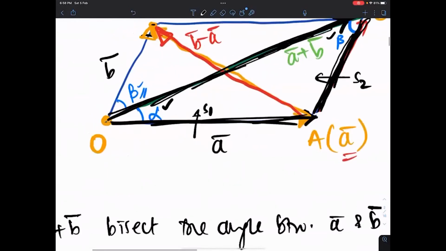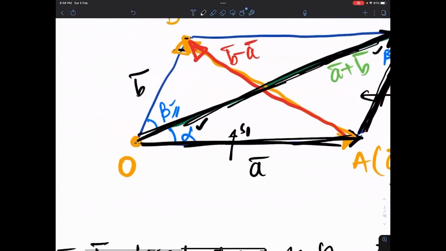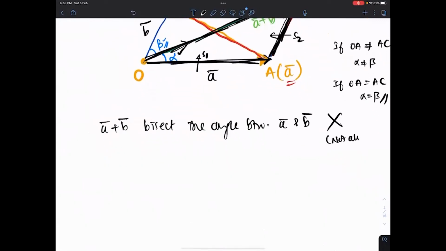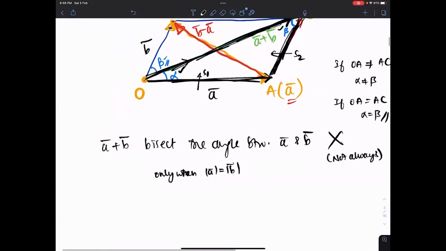That means is A bar plus B bar dividing the angle between A bar and B bar? No, not always. Only when mod A bar equals to mod B bar, that's all. Okay, that point you remember.